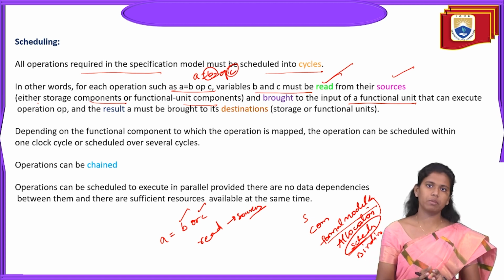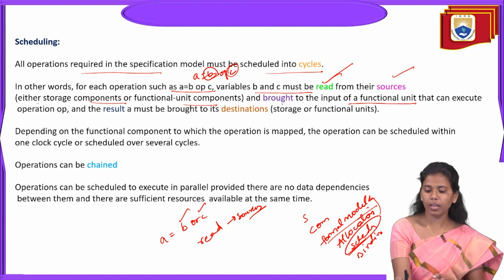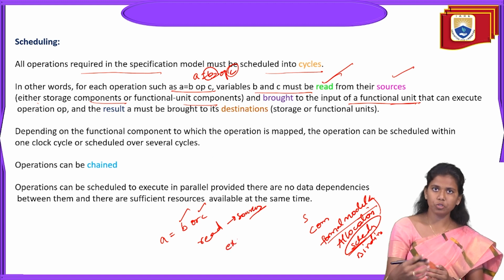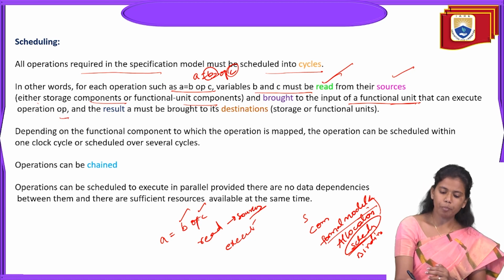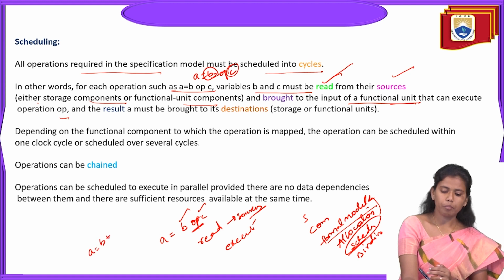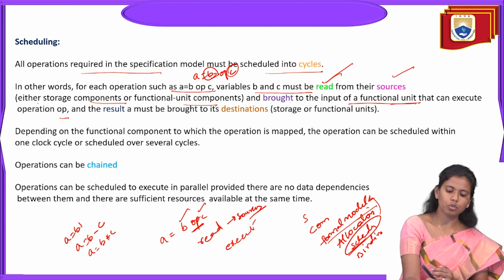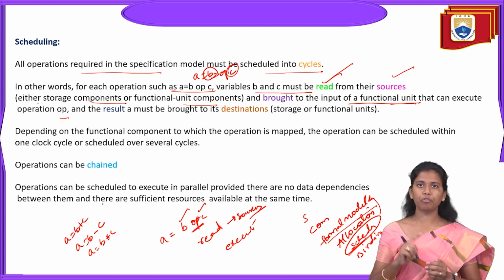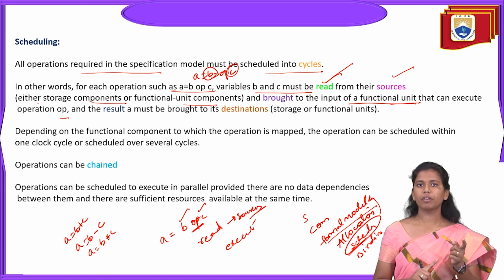After bringing them into a functional unit, it has to execute the operation op. Here I am representing B op C. That means A = B multiplied by C, or A = B minus C, or A = B plus C. First we have to fetch B and C from their sources and bring them together.